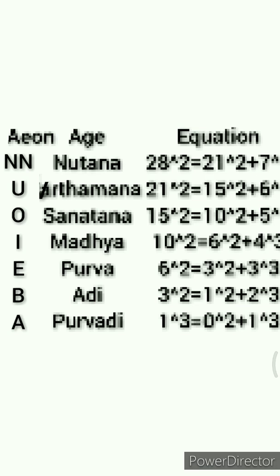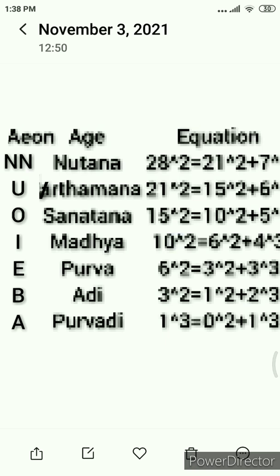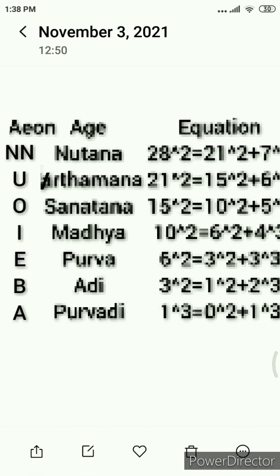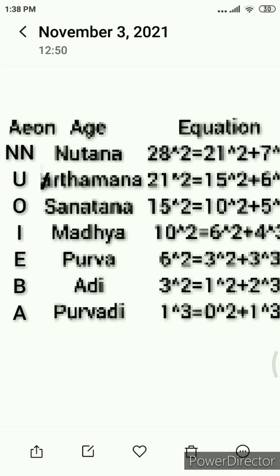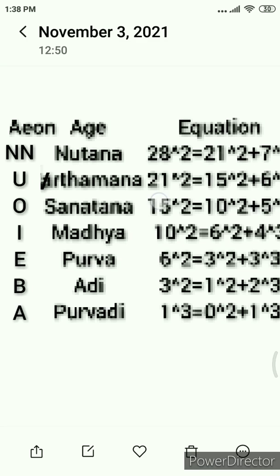So once 10 squared was the ruler, let us say 10 squared is associated with Surya, Horus or Helios. Then when 10 squared was a ruler, 10 squared already split into 4 cube, 3 cube, 2 cube and 1 cube. And the next planet also has formed. In the sense, let me tell you about the 15 squared, then you will understand, because most of the time I explain about 15 squared.